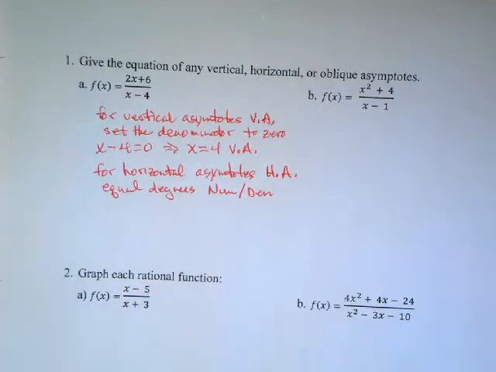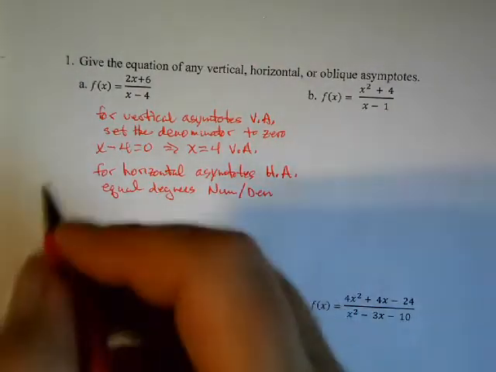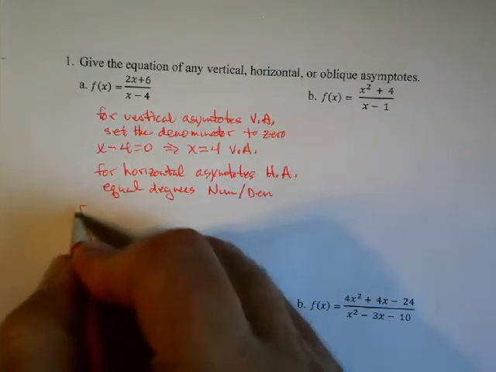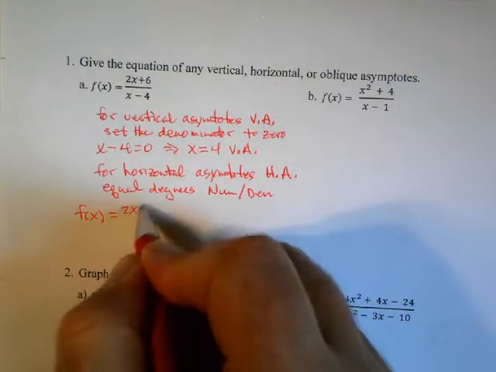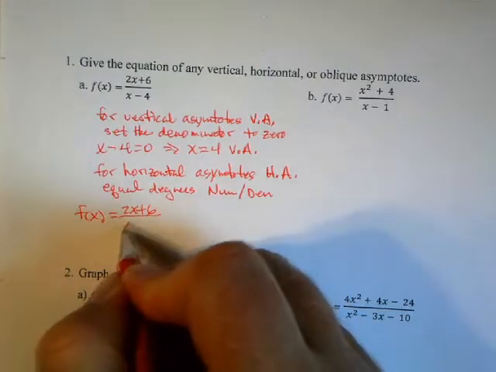Here's the way to find them. Okay, so we're going to go f of x equals 2x plus 6 over x subtract 4.